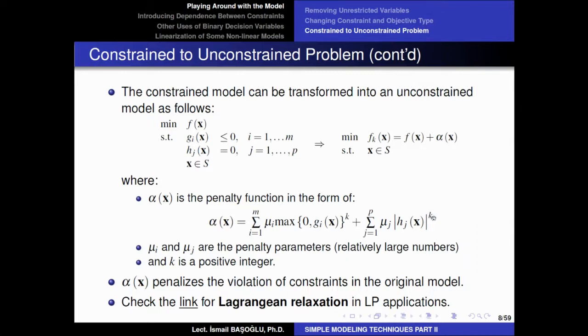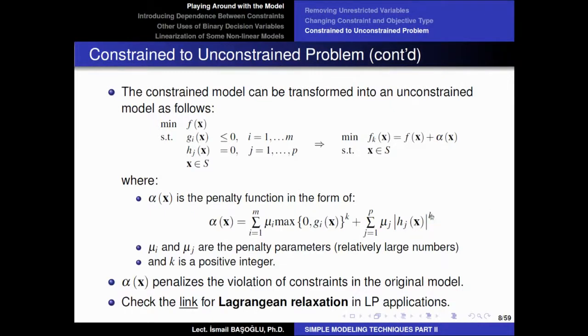Again, we are taking the kth power of this violation amount in absolute value. Of course, if k is 2, for example, it's an even number. In that case, the absolute value will not be necessary to write. However, you can also take other integer values such as 1 or 3. Therefore, the violation should also be measured positively.